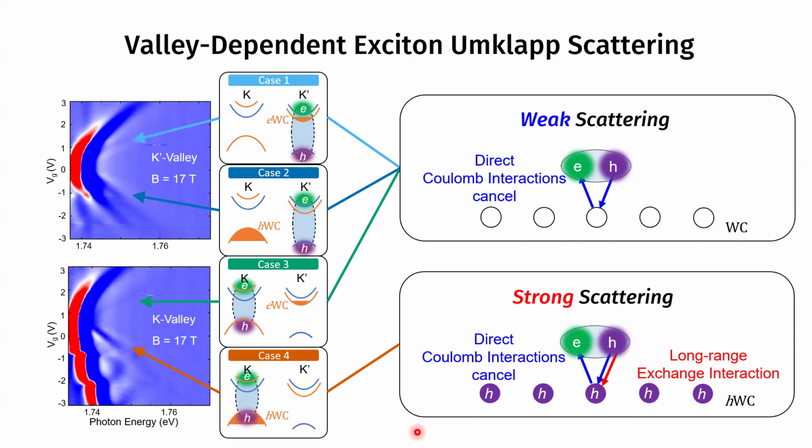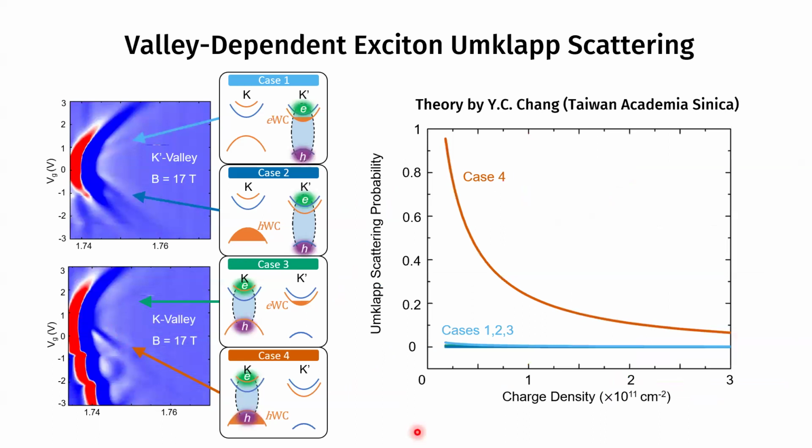And so taking this additional scattering term due to the phase-space overlap in case 4 into account leads our theory collaborator from Taiwan to simple calculations of Umklapp scattering probability, which is proportional to signal strength, with charge density here on the lower axis.